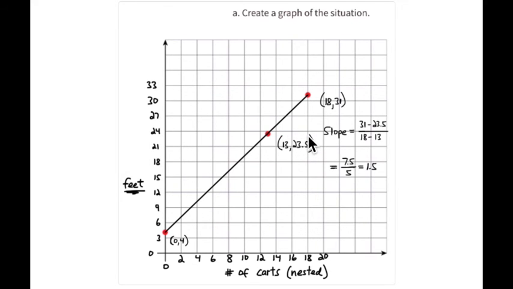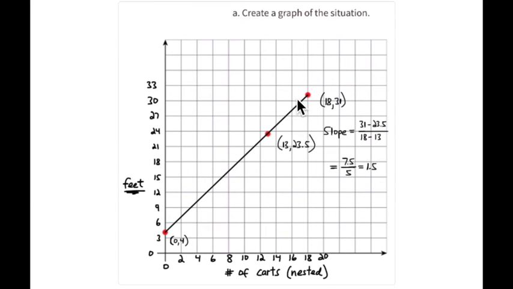That is this 18 minus this 13. So 18 minus 13 is 5. So it's changing 5 units along the x-axis, 7.5 units along the y-axis. So that is 1.5 units per change in the y direction per 1 unit change in the x direction, which is 1.5 feet per nested cart.